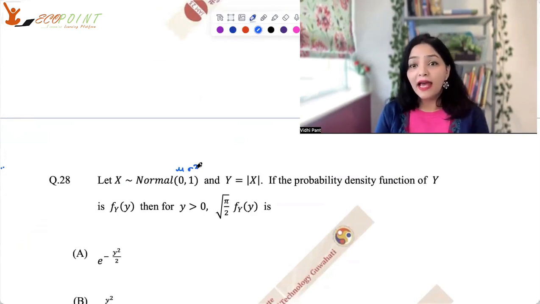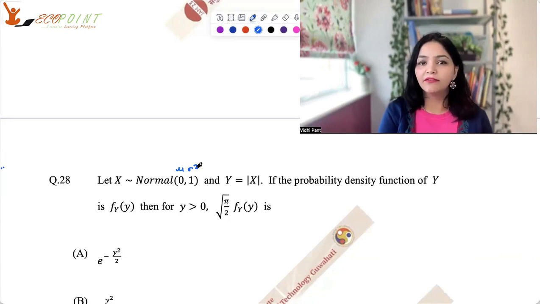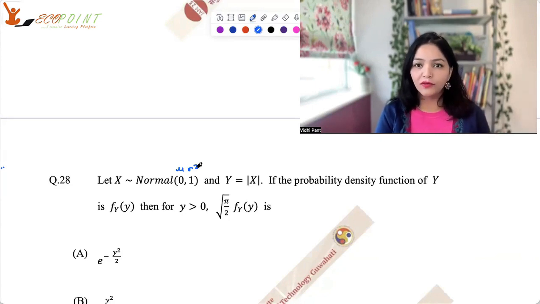And Y is the absolute value of X. If the probability density function of Y is f_Y(y), then for y greater than 0, square root of pi by 2 f_Y(y) is. So all we have to do is, first of all, find out what is f_Y(y). That is, we need to find the PDF for the transformed random variable mod X. And once you have that, you can give the answer to this question very easily.